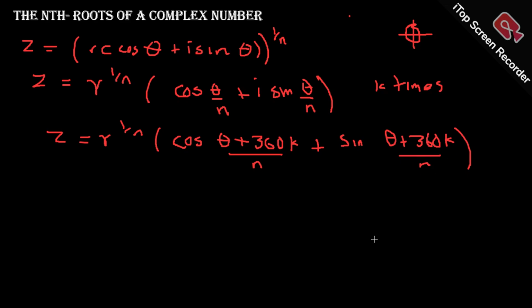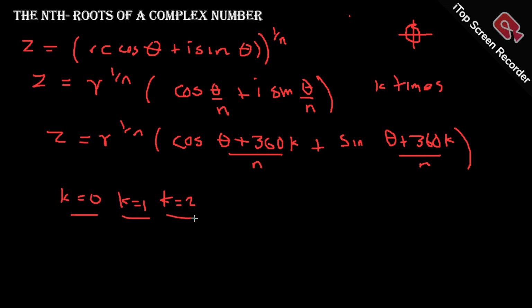So whenever they say find, for example, the second root, what they're telling you is you start from k equal to 0 until you reach k equal to 2. So it will even pass where k is equal to 1. So this is the way it will be moving.